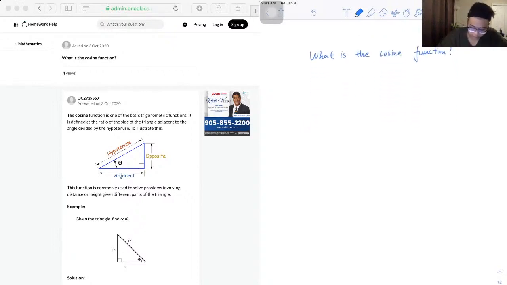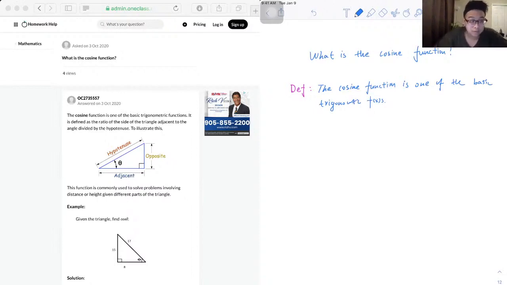So first, let's write down the definition. The cosine function is one of the basic trigonometric functions, because the other two are sine function and tangent functions.